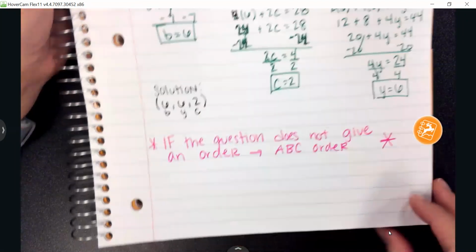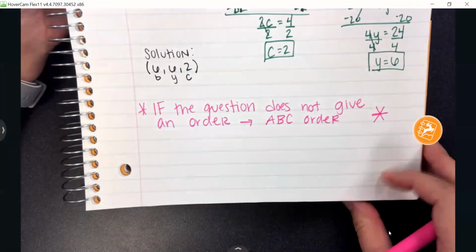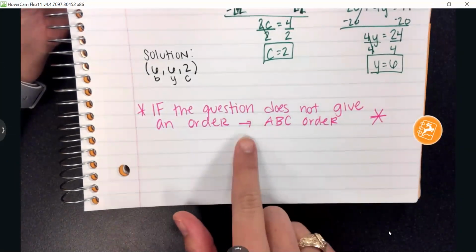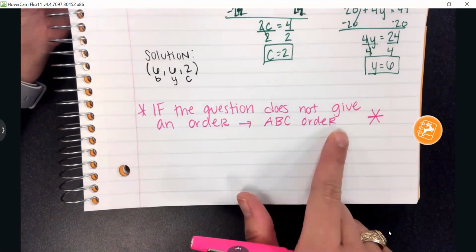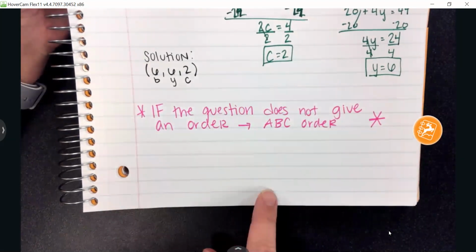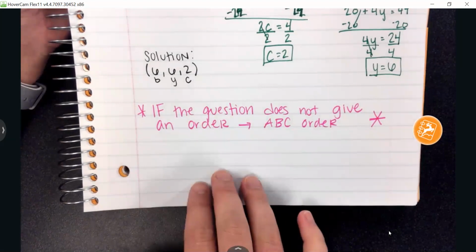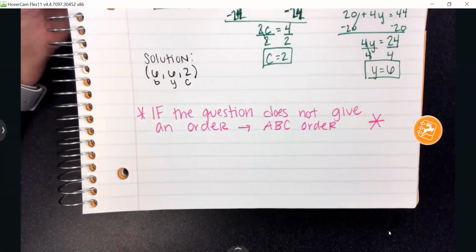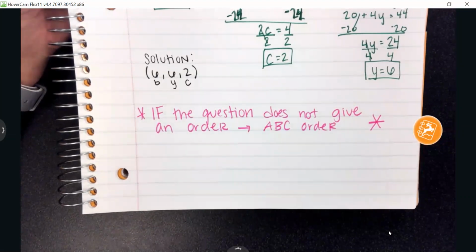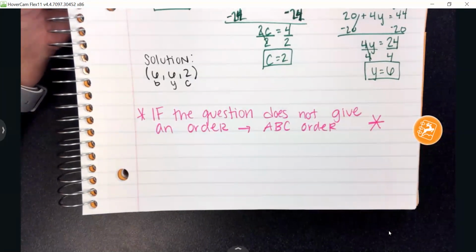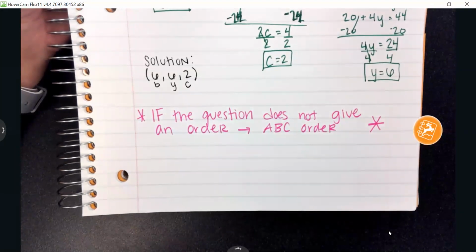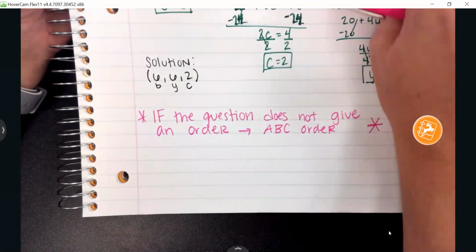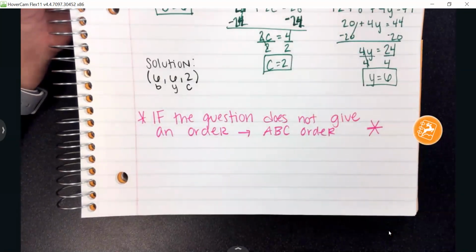You have to know that information. So for example, on this question we just did, if it did not say put it in B, Y, C, then what order would you have had to put it in? B, C, Y, because you have to put it in A, B, C order if it doesn't tell you in the problem. Does that make sense?